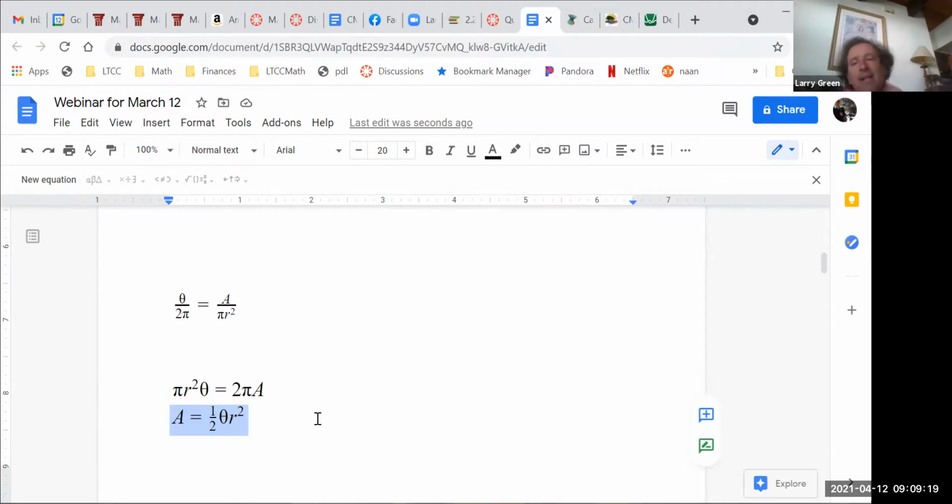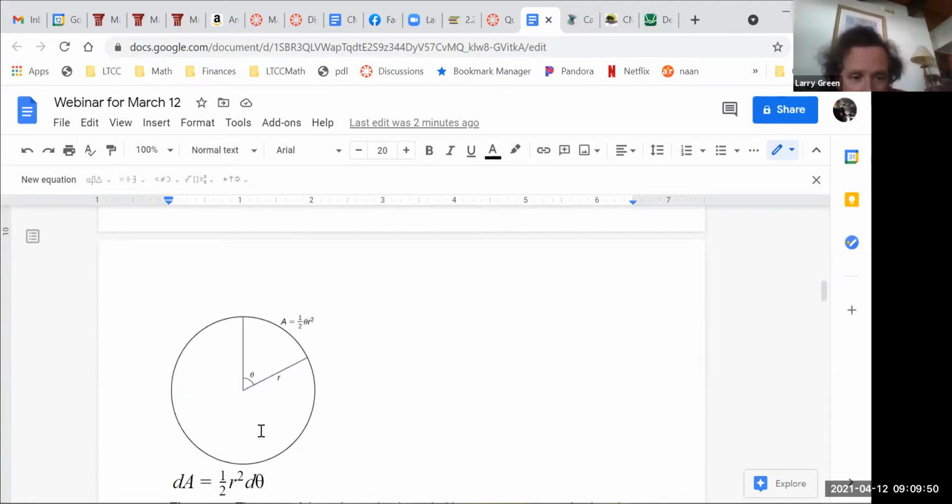Now we can cut our region into little tiny delta theta pieces. If you cut it into tiny delta theta pieces, then theta becomes a delta theta. Instead of saying I've moved all of theta around, I'm saying theta is really small, so I've moved delta theta around. All I've done is change the letter's name. Any questions on that idea?